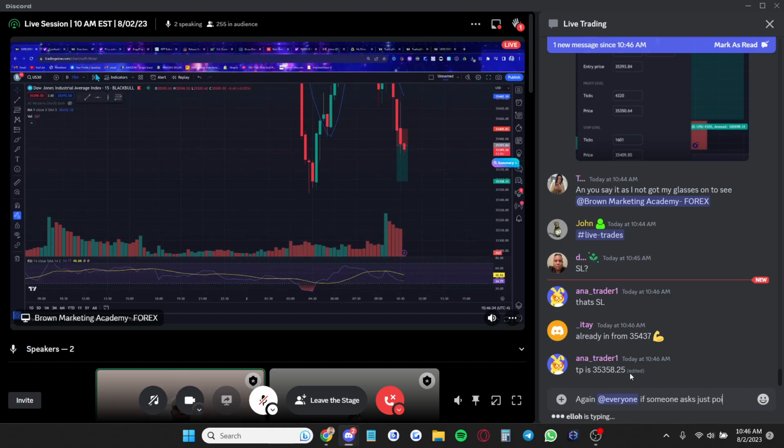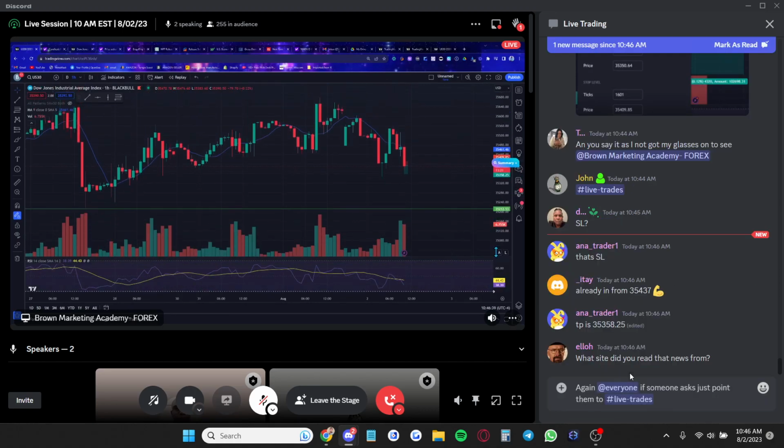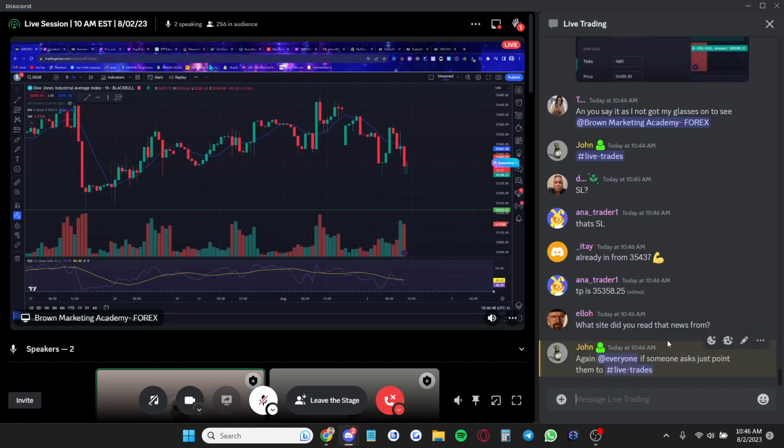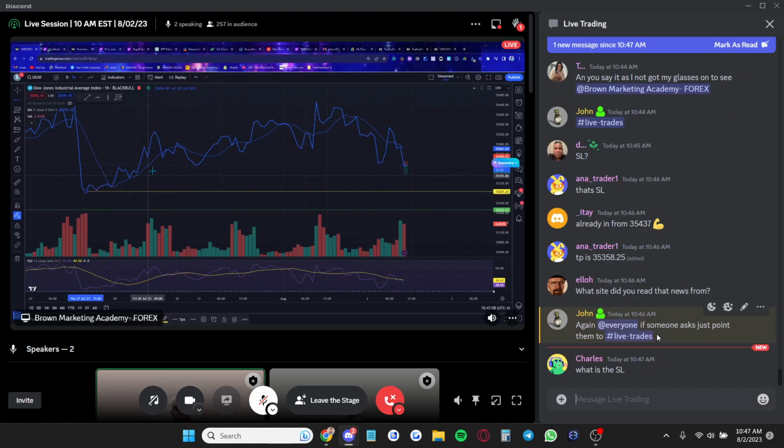Let me see the 1 hour. I'm going to go ahead and draw my support and resistance areas on the 1 hour, really quick while this trade runs. You know, lines, horizontal ray, put it right there.